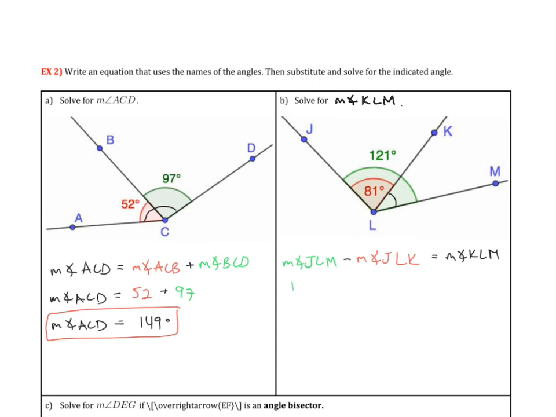So substituting in, we have 121 minus 81, and that is the measure of angle KLM. 121 minus 81 is 40 degrees, which is our missing angle for the measure of angle KLM.